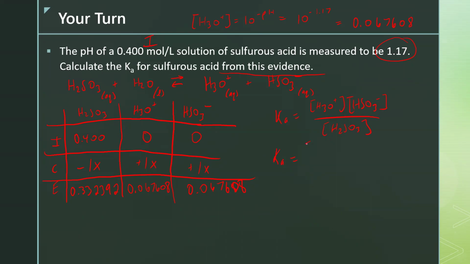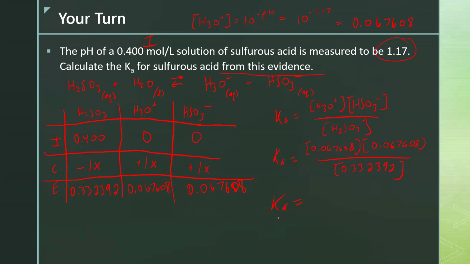We got 0.067608 multiplied by another 0.067608 divided by the H2SO3, which is 0.332392. Very tedious writing all those numbers in there, but it is what it is.